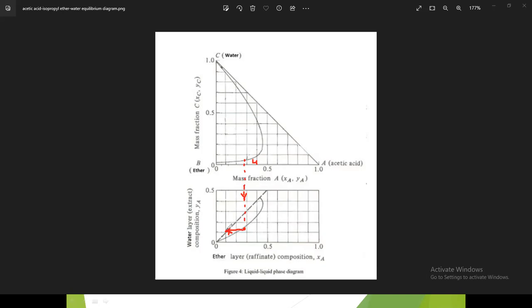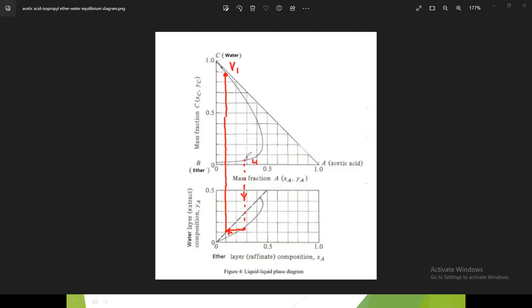So you have this point here. So let's say it just stopped in this particular vertical line. So you have this point now, right? You're going to connect. You have that. So then this must be the very important extract.